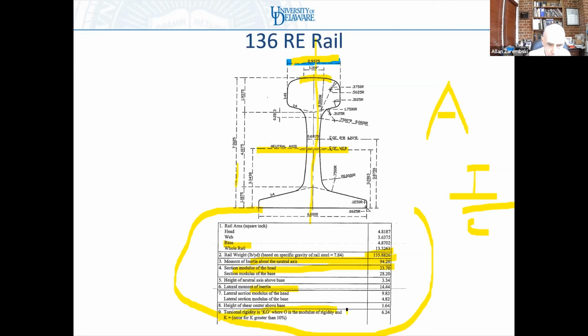Torsional rigidity of the rail. So there's all sorts of nice, useful information, a lot of which we're not going to get into in this class because we just don't have the time. But all this is pretty much standardized, tabulated in the standards and in the manufacturer's specs. So the good news is you don't have to go out and calculate moment of inertia. It's done for you.